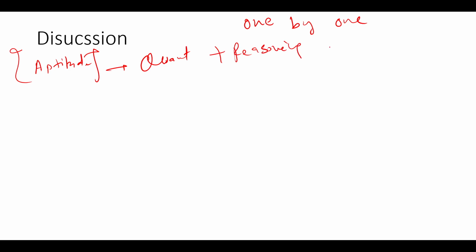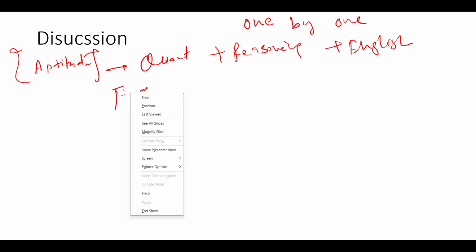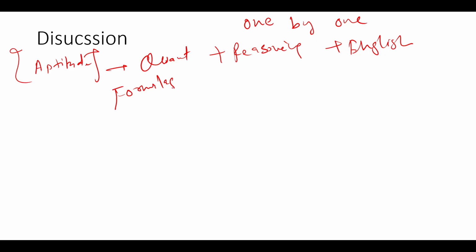It is advisable that you first prepare the most important formulas for quant and reasoning, because if you know the concept and the formula, there is a good chance that you will solve that question. But if you do not know the formulas or the basic concepts, then it will be very difficult for you to solve that question. So prepare at least the concepts and formulas for this.